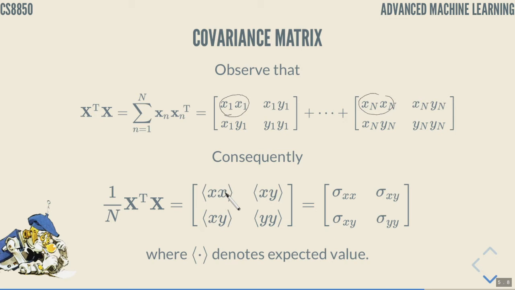But the expected value of the product is by definition our covariance, or variance in this case, and cross variance or cross covariance in the off-diagonal case. So our 1 over n X transpose X is an approximation to the true covariance, or a sample covariance. That's not all.